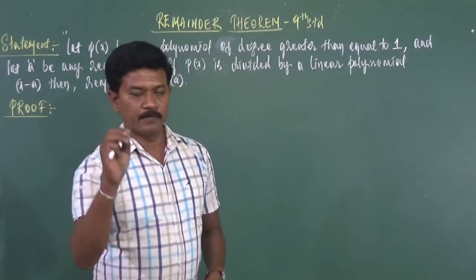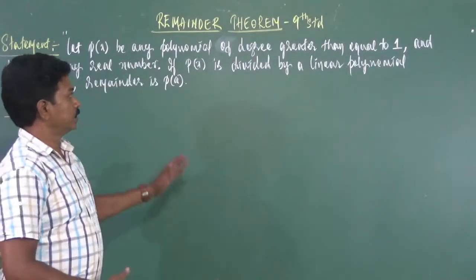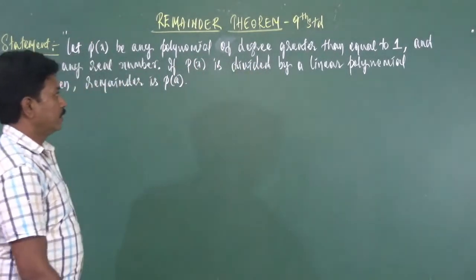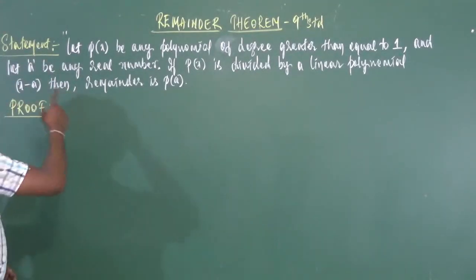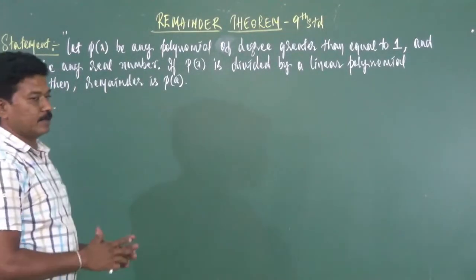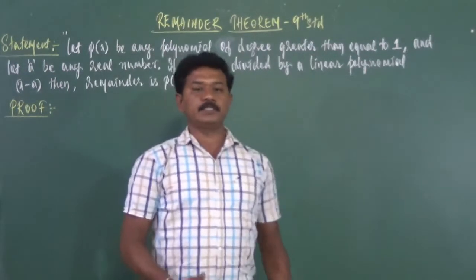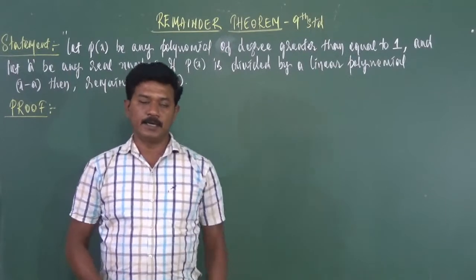Imagine this, what I am telling you, you go on imagining this. So let p of x be any polynomial of degree greater than or equal to 1, and let a be any real number. Along with p of x, just imagine a number a which is a real number, where a is an alphabet which represents a real number.